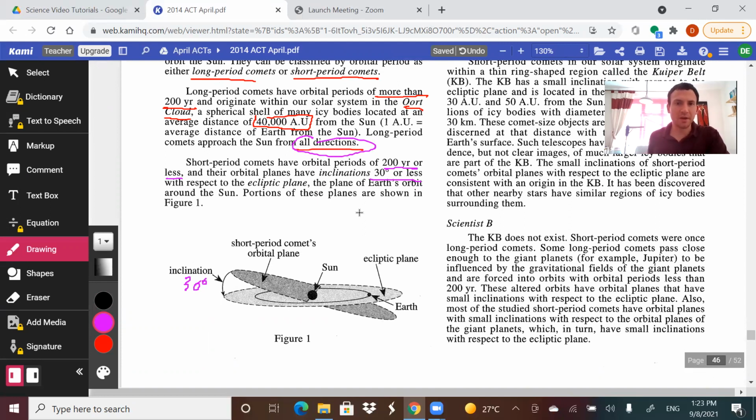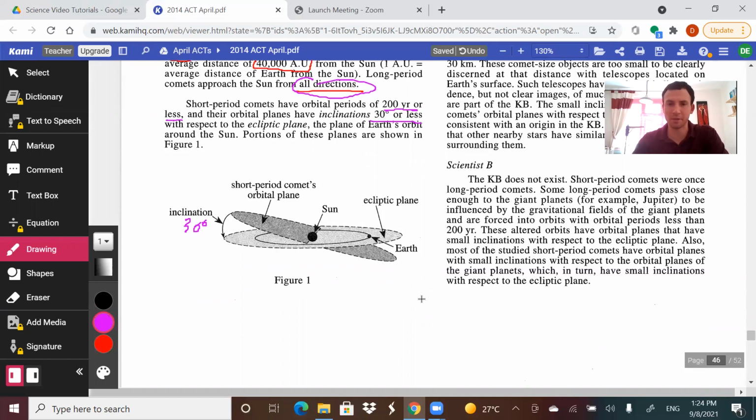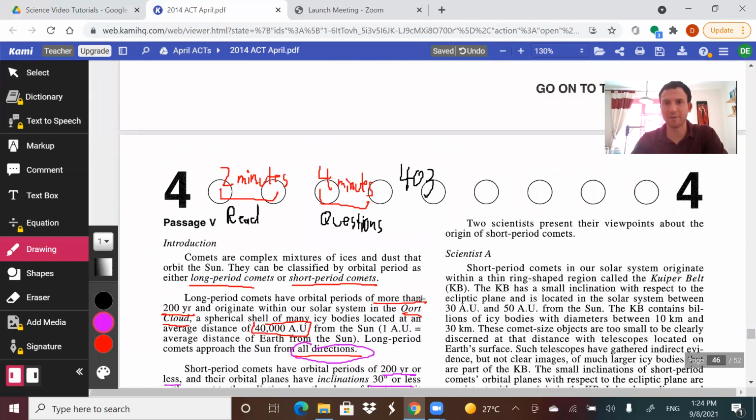With respect to the ecliptic plane, the plane of Earth's orbit around the sun, portions of these planes are shown in figure 1. So they only vary within 30 degrees from the plane at which Earth orbits the sun. Okay, so this is all background information.